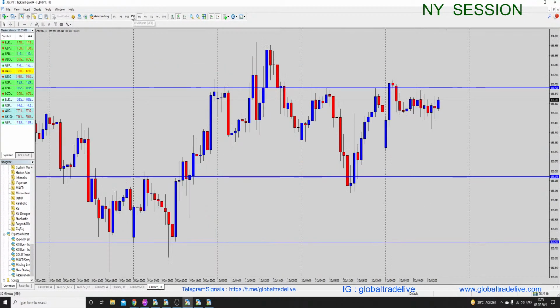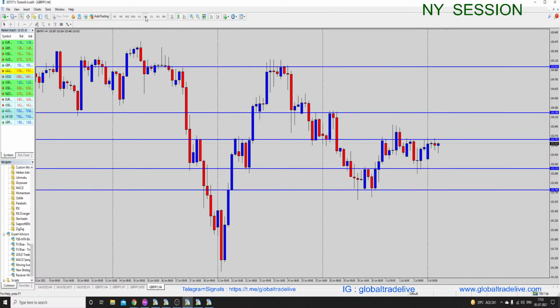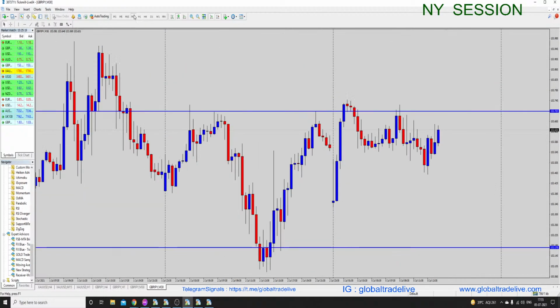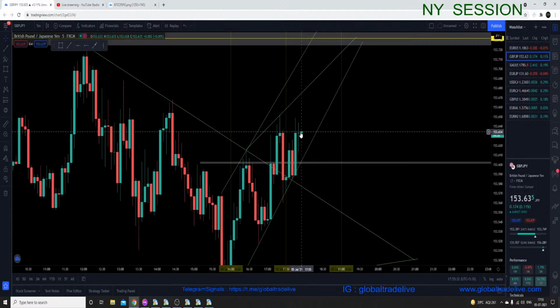Okay, 1 hour, 30 minutes. The previous candle also rejected the same area over here.